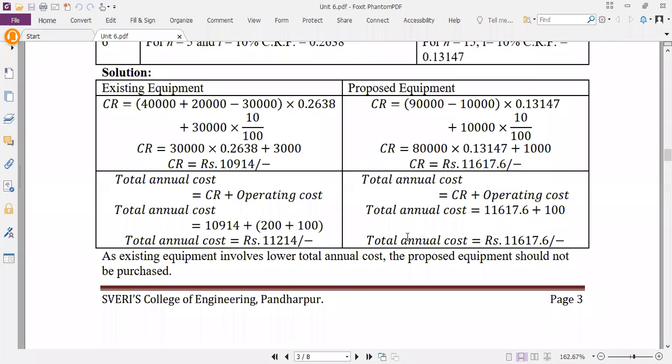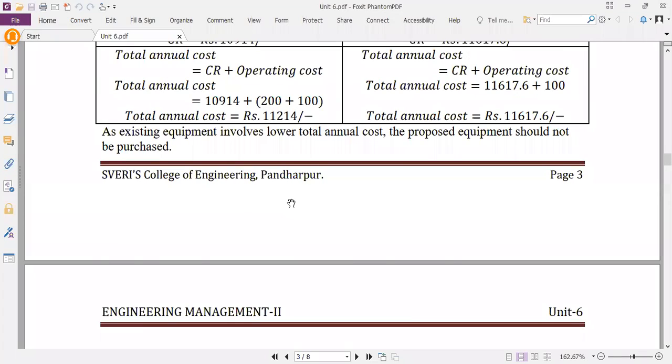This is one method, the equivalent annual cost method, the comparison of two equipments based on annual cost. Okay, so this is another example we have taken for the same equivalent annual cost method.